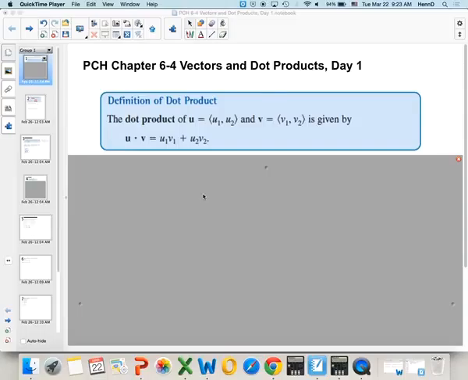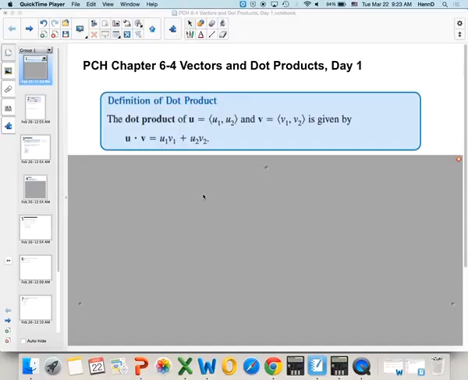When we did scalar multiplication, our answer ended up being what? A vector. We were multiplying a vector by a scalar, and we ended up with a vector. Here, we're going to multiply 2 vectors together, but look at what we're going to end up with. We're going to end up with a scalar quantity.